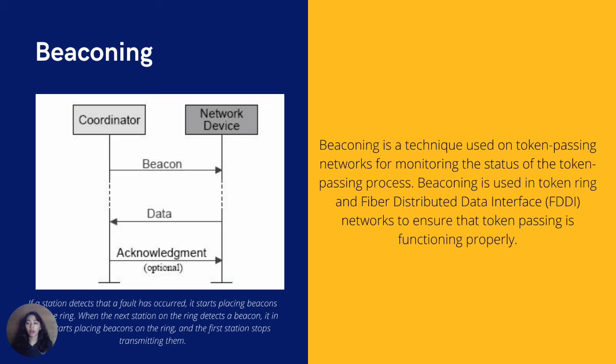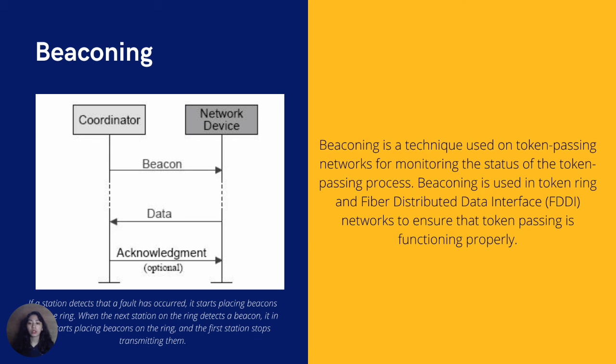One unique aspect of the token ring network architecture is its capability to automatically isolate faults by using a process called beaconing. Beaconing is a technique used on a token passing network for monitoring the status of the token passing process.